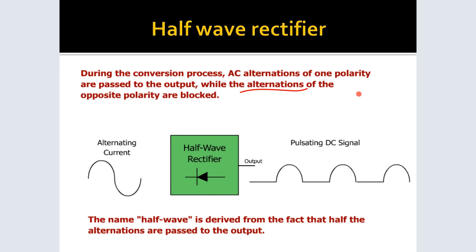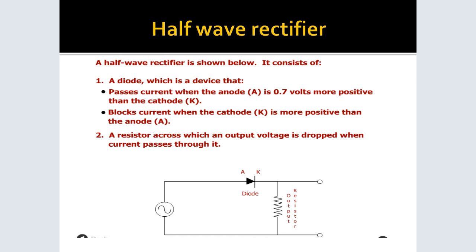For the other half, the diode is reverse biased and does not allow the flow of current. Its name is derived from the concept of half the alternations passing through to the output. So in other words, we are using one diode. That's a major important thing there.